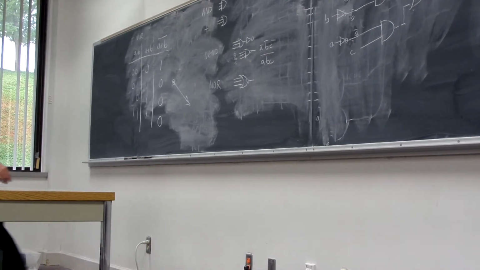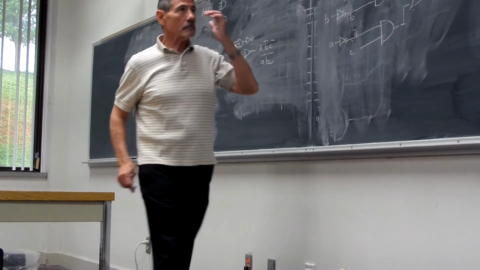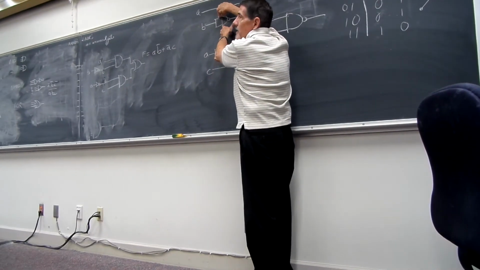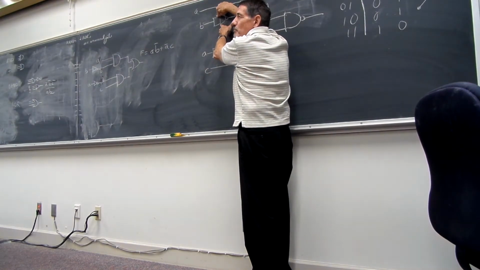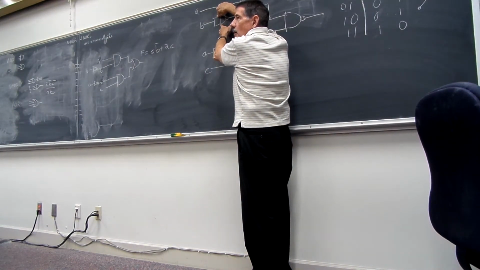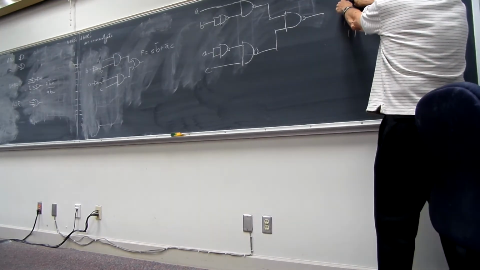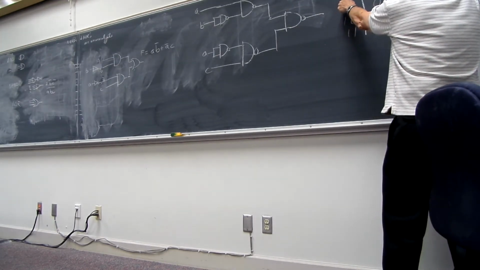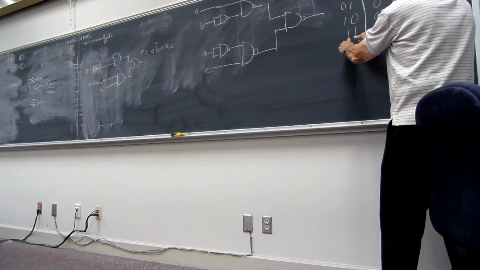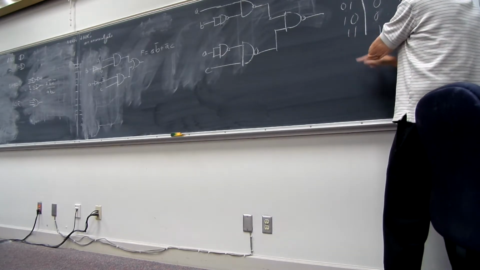So let's go back over here now. As you saw, I've got a NAND gate, but both of its inputs are the same thing. So what happens over here if I put 0, 0 in? I get out 1. If I put a 1, 1 in, I get out 0.